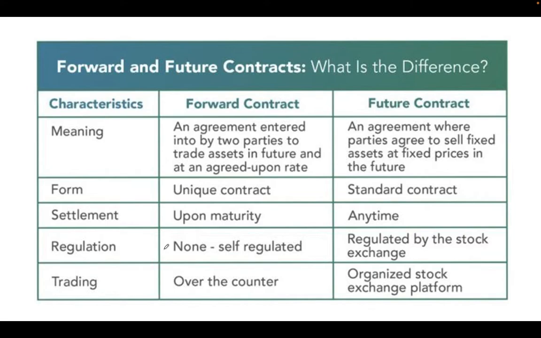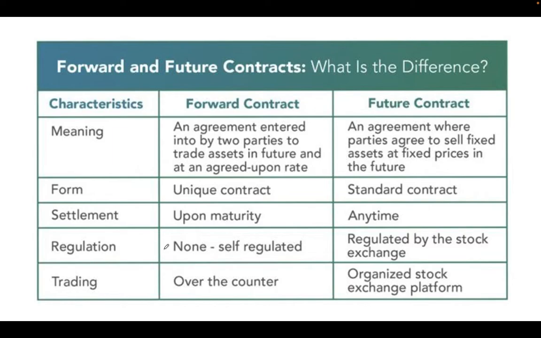Regulations: there is no regulation for a forwards contract, but a futures contract is regulated. Trading: a forward contract is not done on an exchange, it is over the counter, OTC.